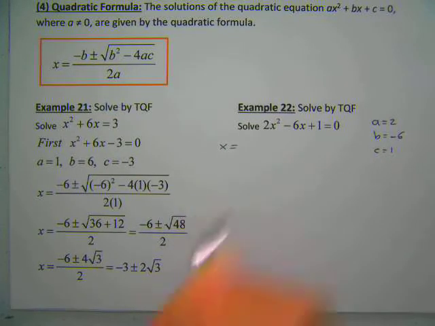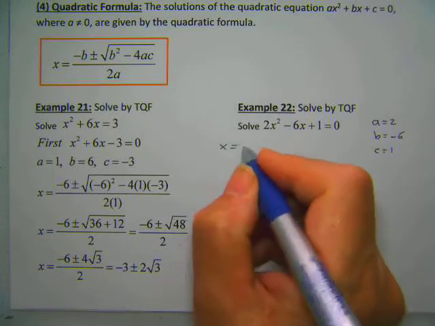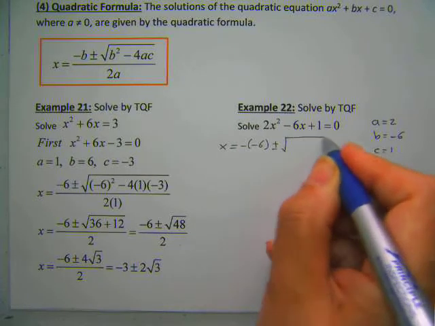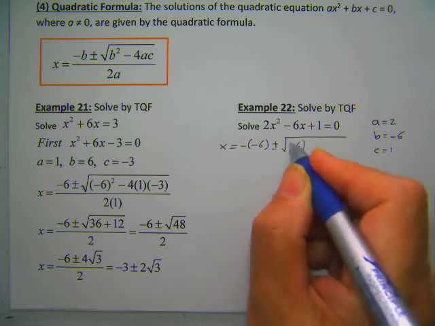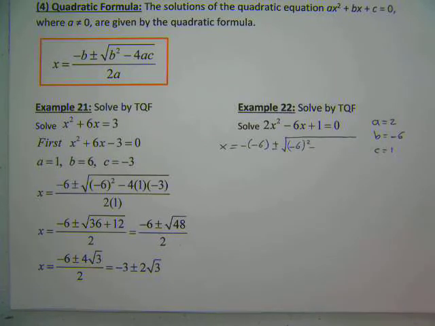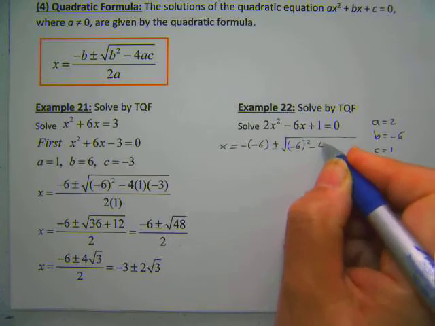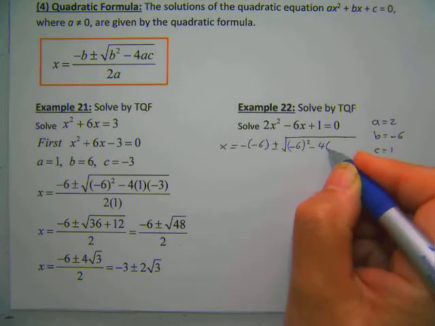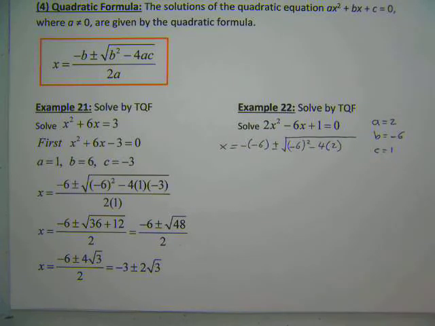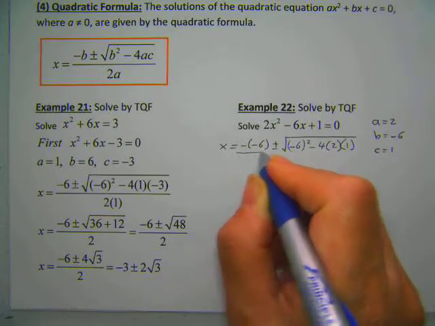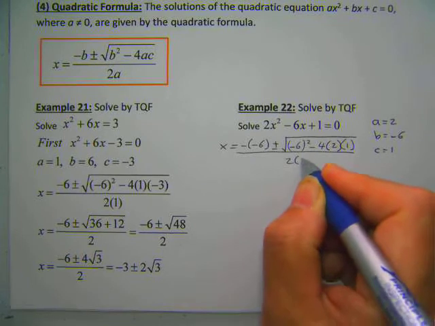So x is equal to negative b, so negative negative, plus or minus the square root of b squared minus, here's the key, how we write the next step is also an important step, minus 4 multiplied by a, so here we're going to put it in parentheses, multiplied by c in parentheses, now all over 2 times a.